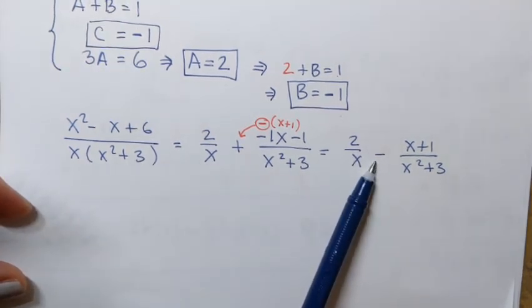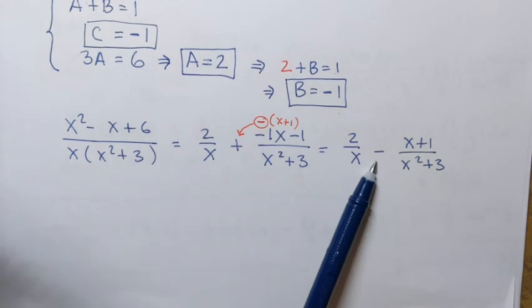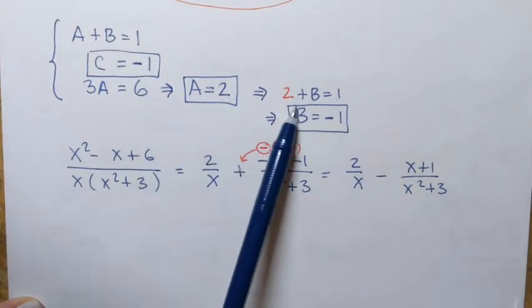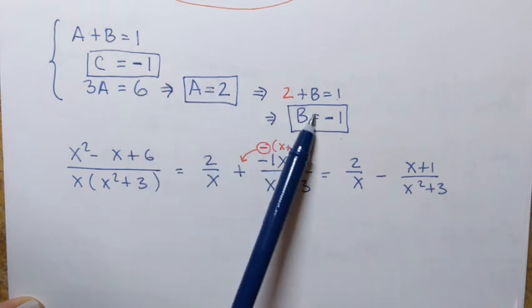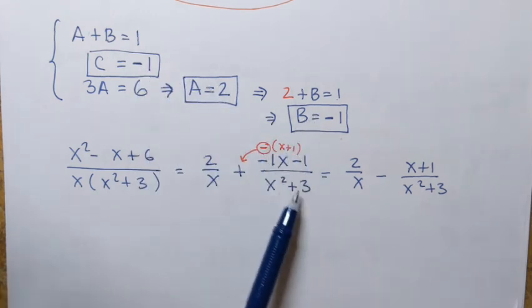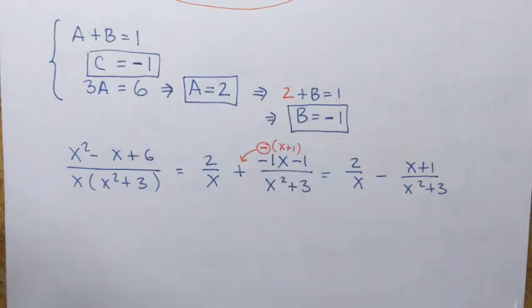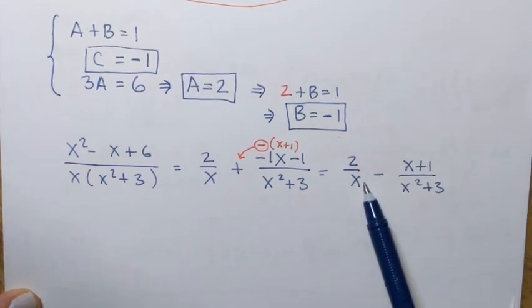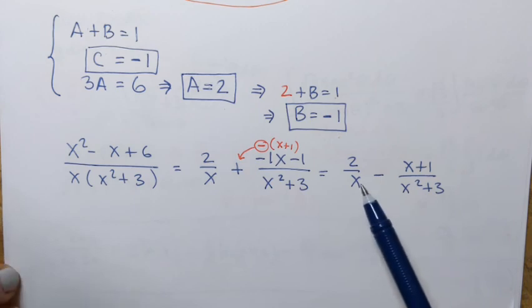What's very important is to check your answer here, because if you accidentally miscalculated something, even if it's a sign, then the rest of the solution will be wrong, right? So when you're here, double check if you decomposed fractions correctly.